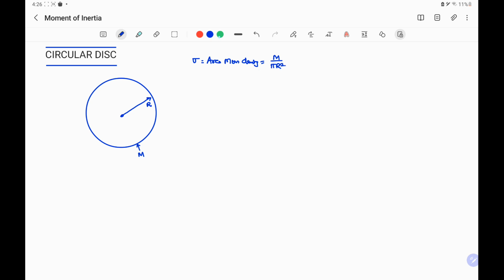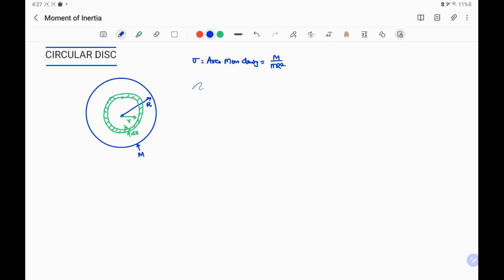Now we can think that there is an elementary ring of radius say small r of thickness dr. So first we will find the area of this elementary ring and then the mass of the elementary ring.